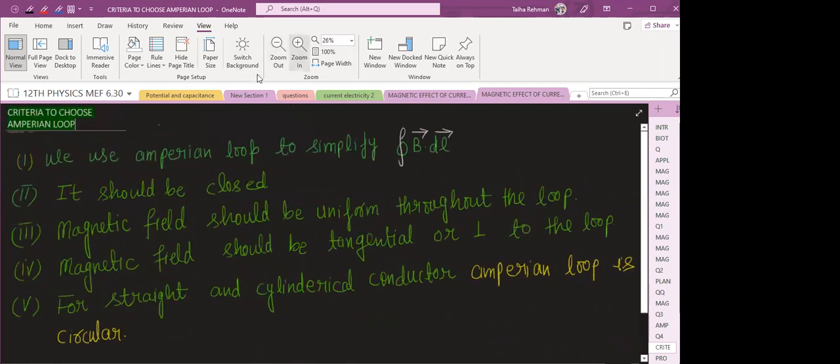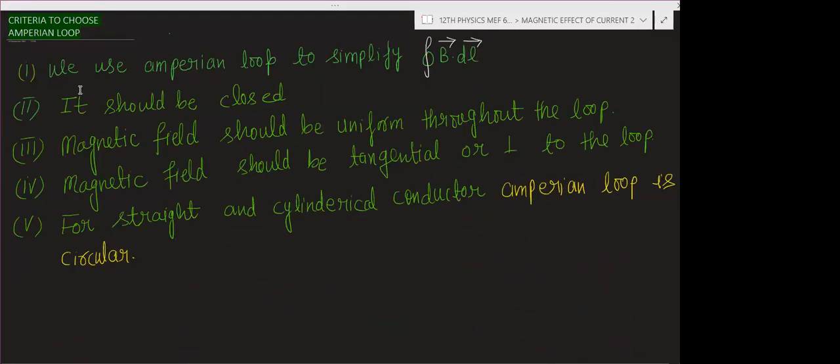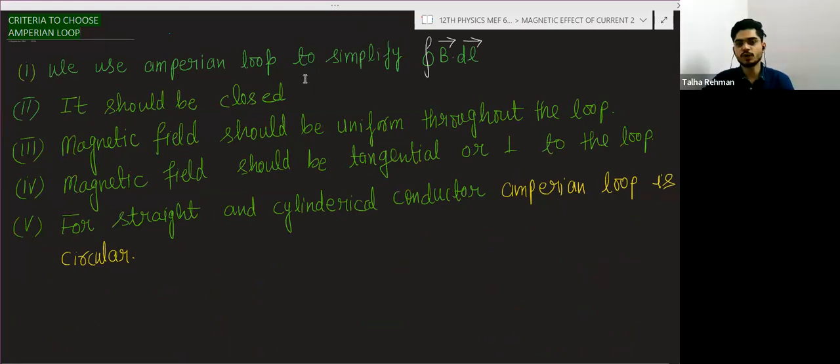Note it down. Here we use Amperian loop to simplify B dot dl. B dot dl means line. This is line integral of magnetic field.